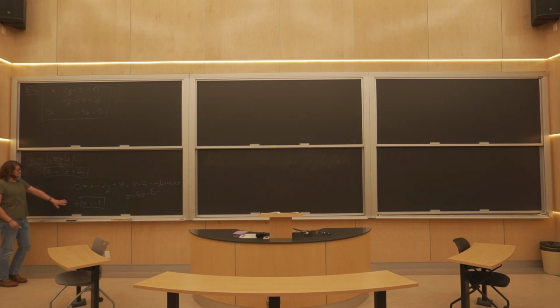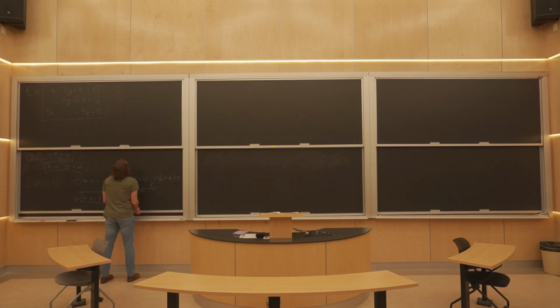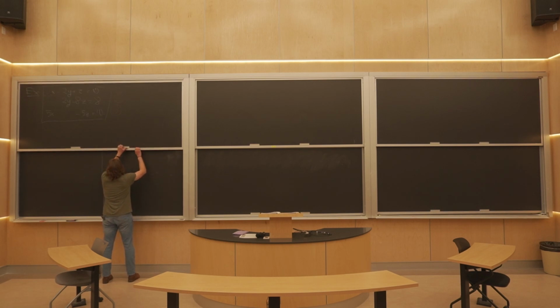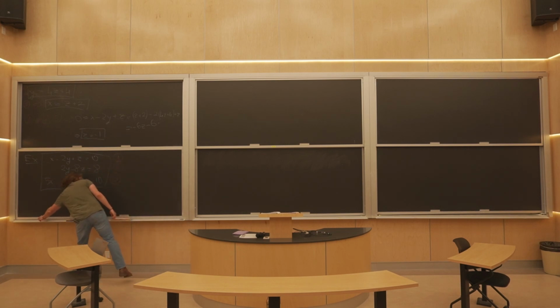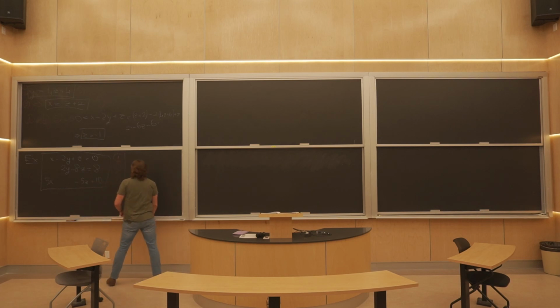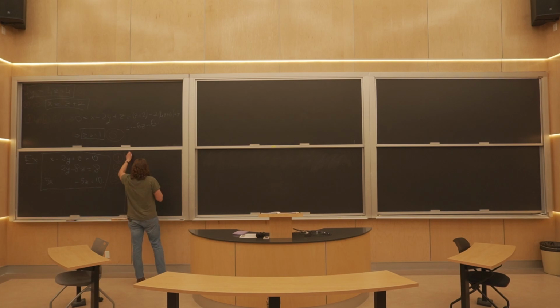So if z is minus 1, then I can substitute this number back into equations 4 and 5 to get values for x and y. Let me do it over here. So I can say that this expression is equation number 6. 6 and 4 gives me now the following.